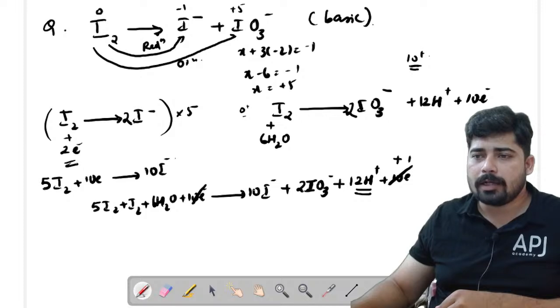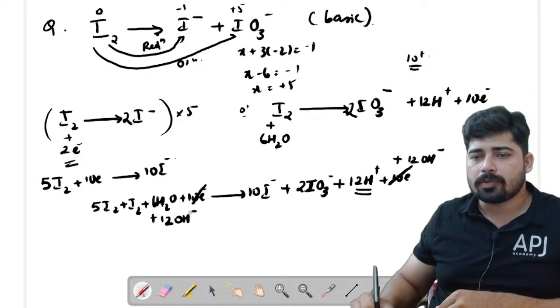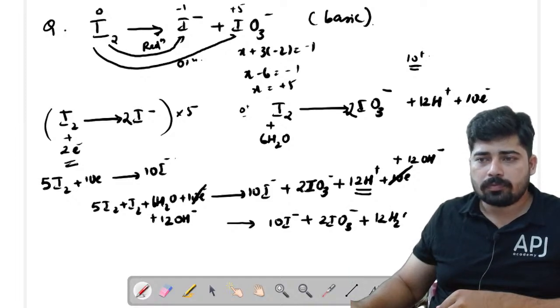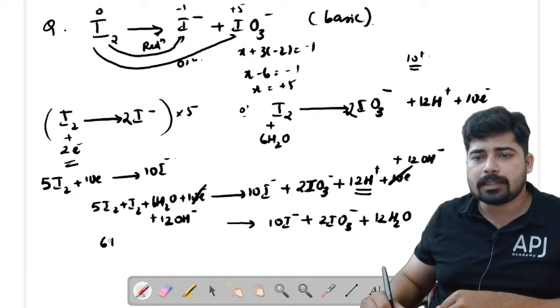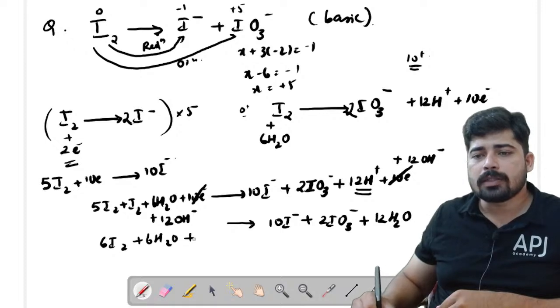So I have to add 12 OH minus, and whatever I have added, I have to add on the LHS also. Now the RHS will be 10 I minus plus 2 IO3 minus plus 12 H2O, and on the LHS we get 6 I2 plus 6 H2O plus 12 OH minus.